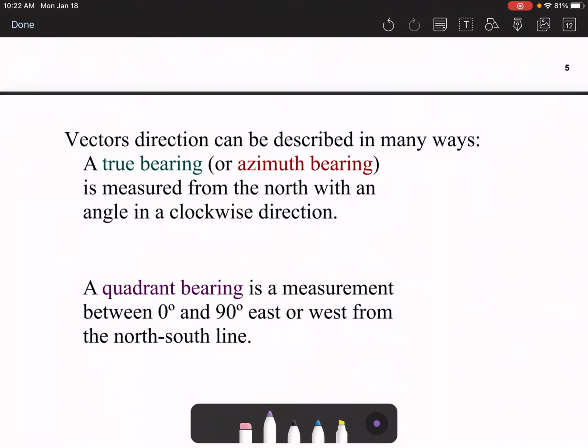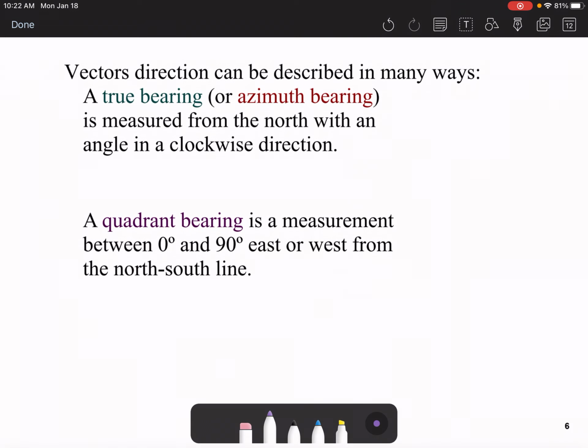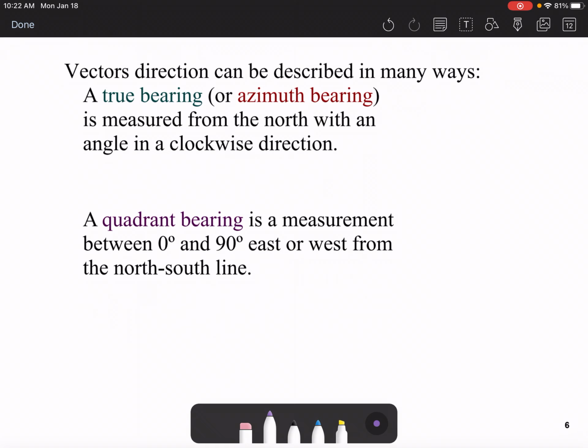So vectors' direction can be described in many ways. There are 2 different ways that I like to look at. One is called a true bearing or an azimuth bearing. It's measured from north with an angle in a clockwise direction. So I'm going to draw north, south, east, west lines here, or Cartesian plane.